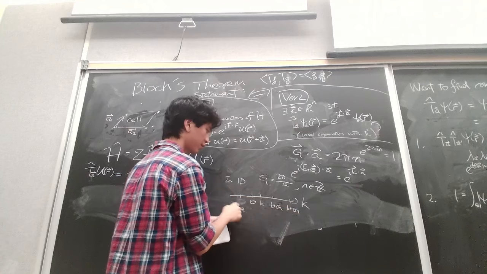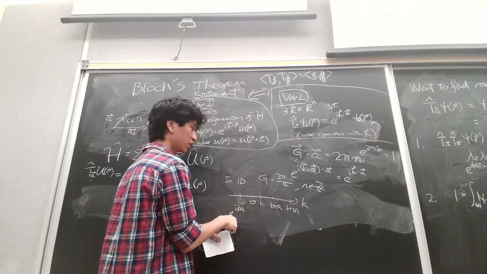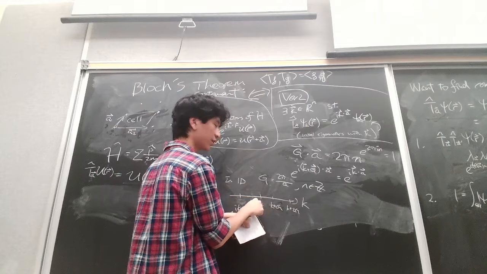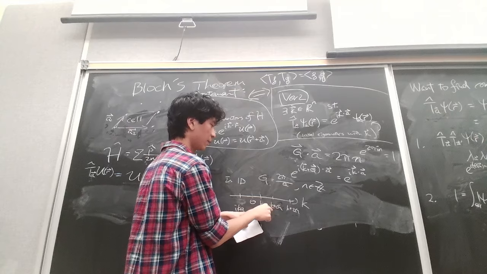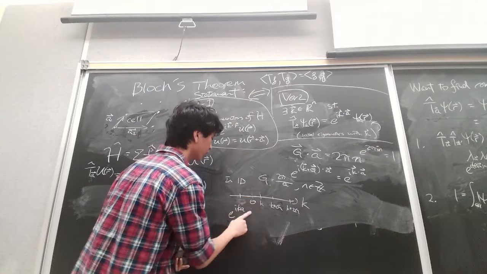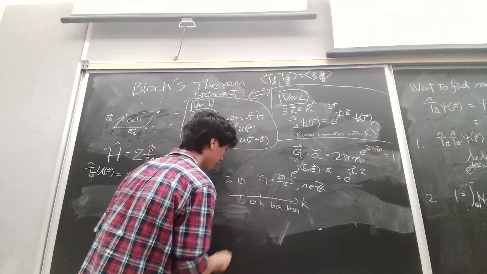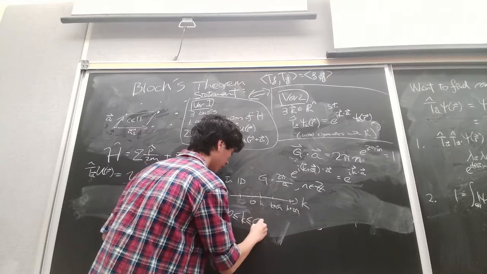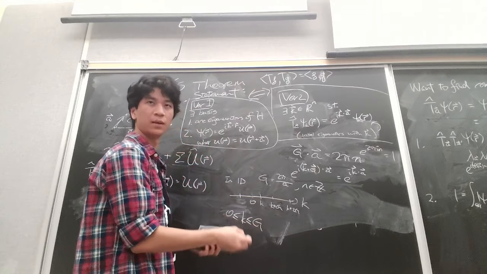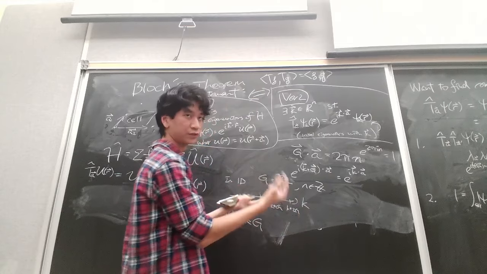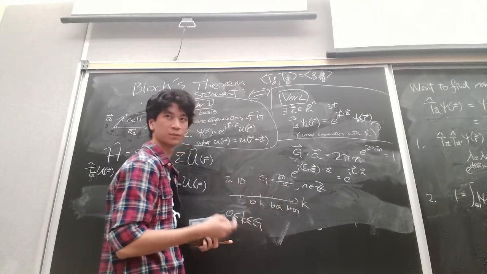They have the same eigenvalue of this form. So we can always pick k such that k is in between 0 and capital G by taking away g from this k. Agree?